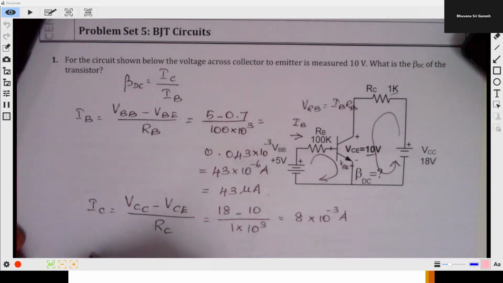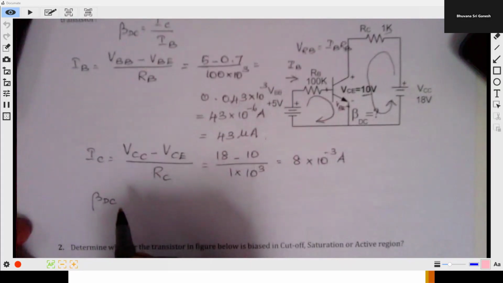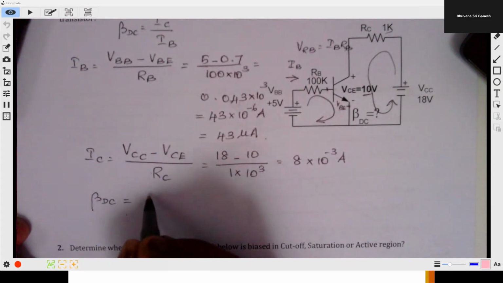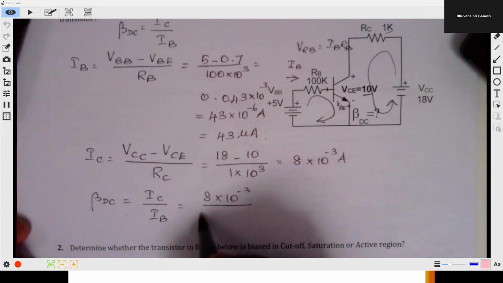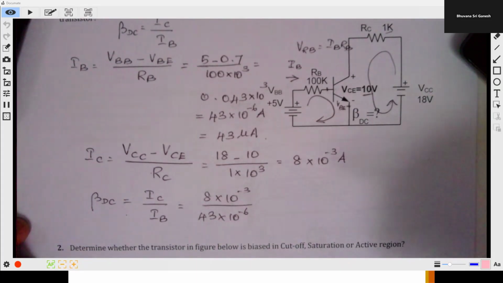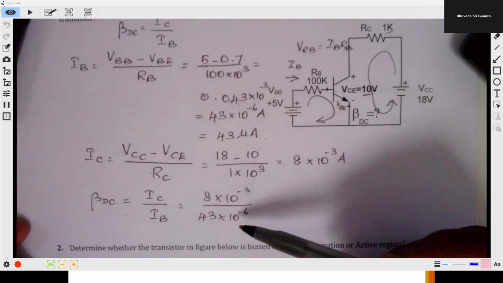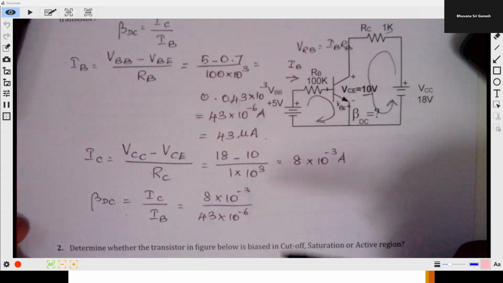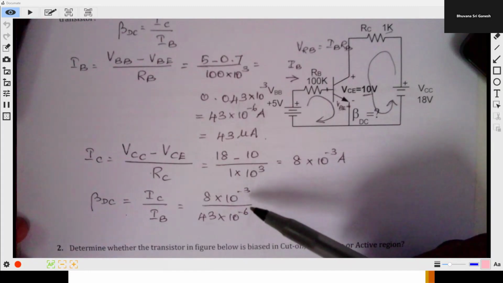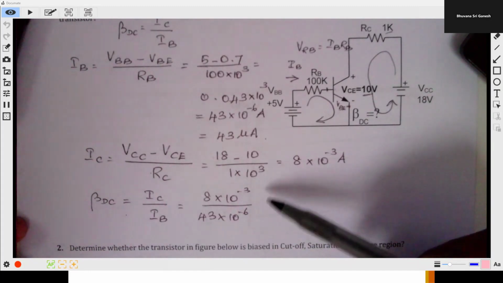Now we can find beta DC. This is equal to IC over IB, which equals 8 times 10 power negative 3 over 43 times 10 power negative 6. These powers we don't have to punch in the calculator because they are in division, so the powers are going to subtract. So 10 power minus 3 minus minus 6, right?